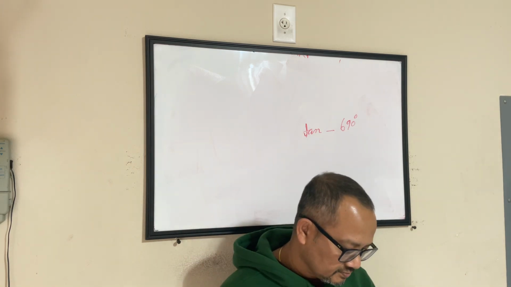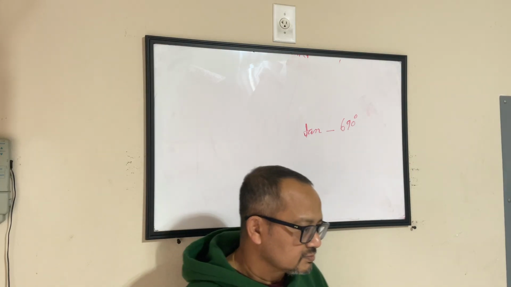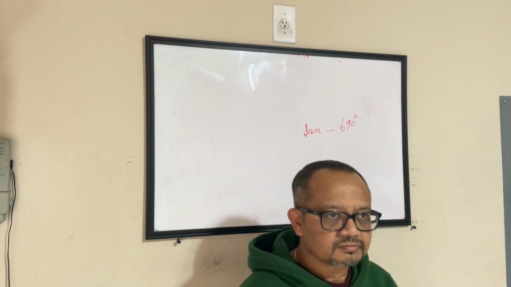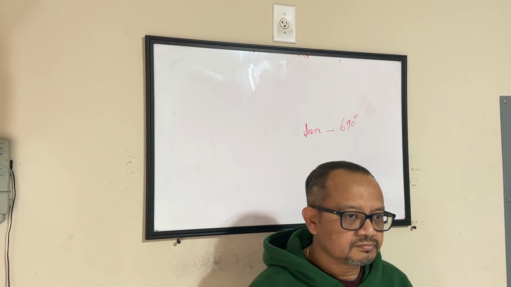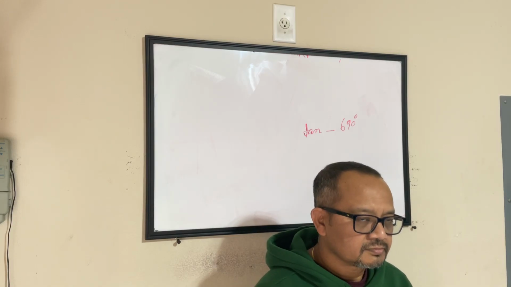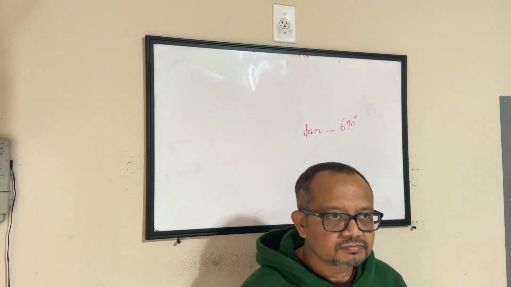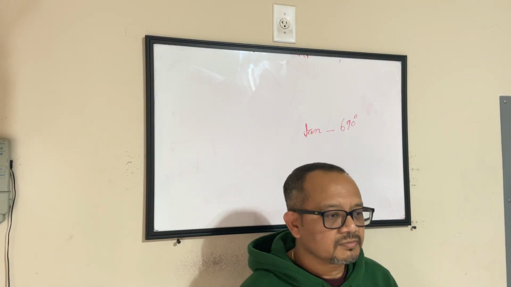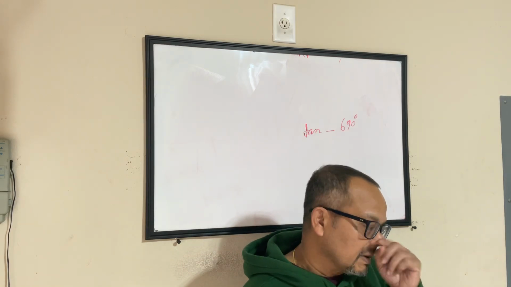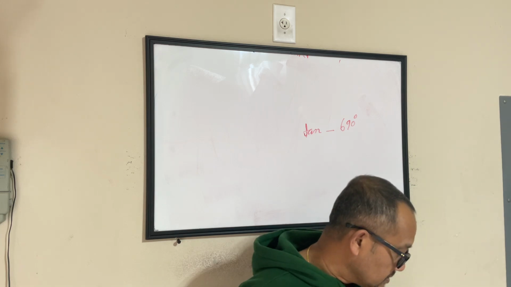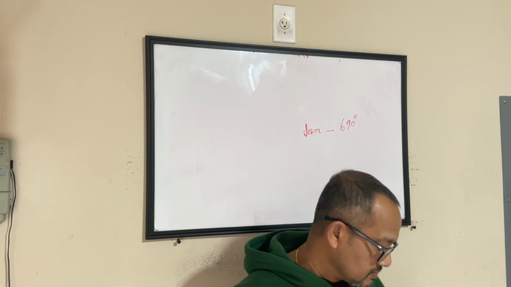Okay. So first, I saw how many 90 degrees go into 690, and I got 7, and 7 times 90 is 630, and 690 minus 630 would be 60 degrees, and sine 60 degrees is equal to square root 3 by 2, and cos 60 degrees is equal to 1/2.